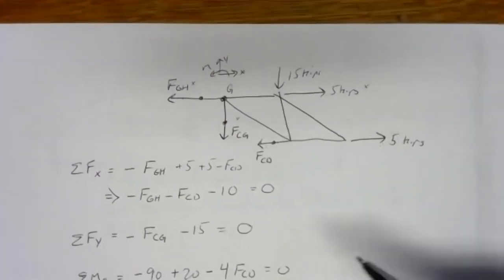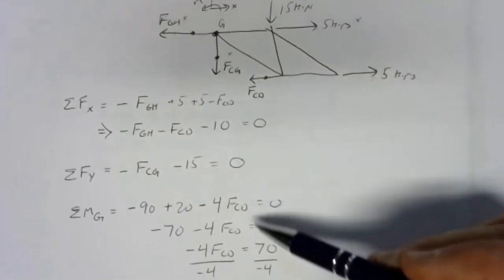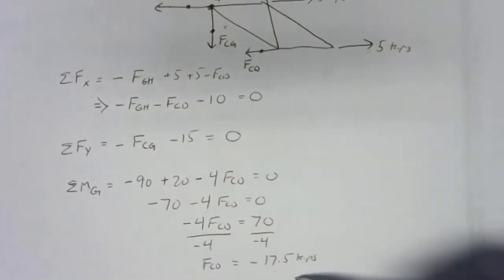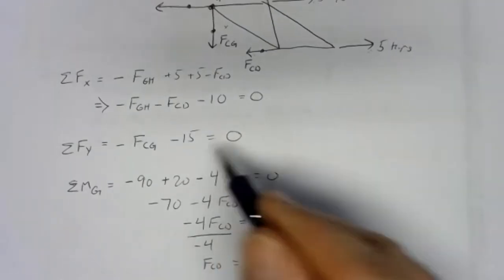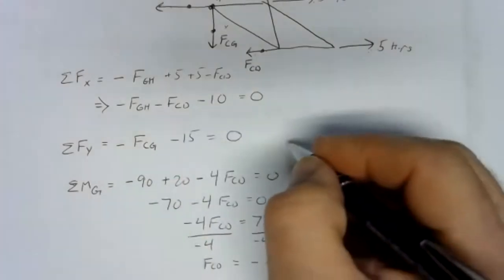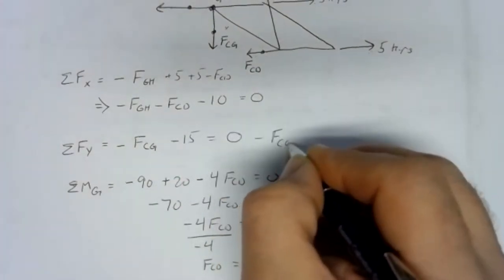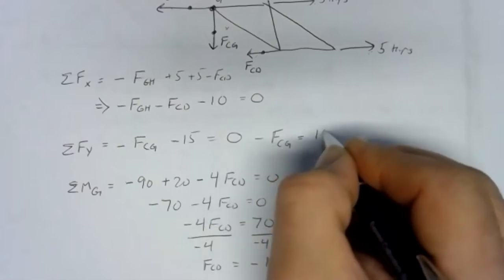But we have to be careful. Anywhere else in the equations where we see FCD, we've got to use that negative value. So when we go up to the X equation, we have to be really careful. Let's go to the Y equation first. Add 15 to both sides, and we get negative FCG equals a positive 15.